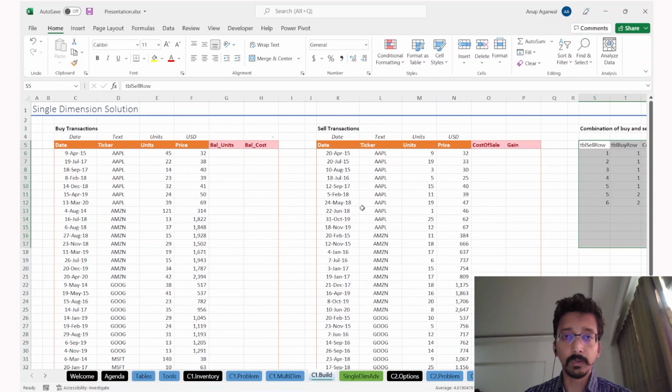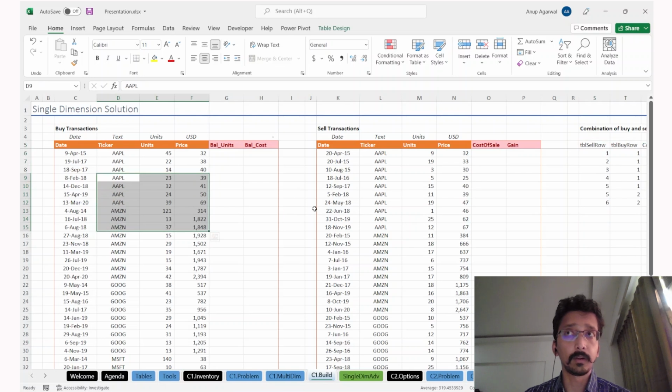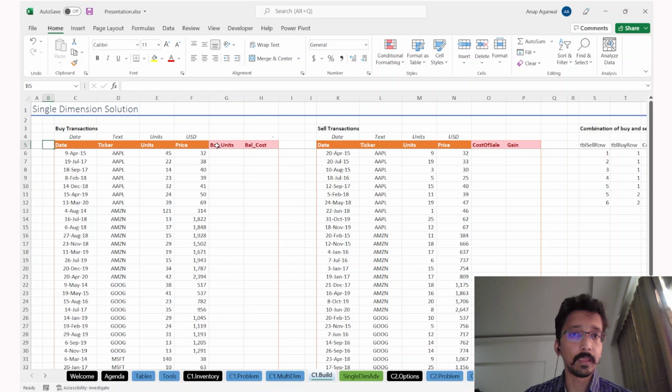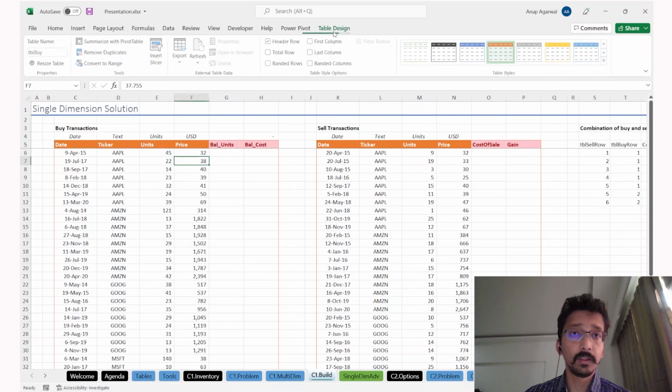To make this work, we will need a few helper columns on these. I will add them here as a serial number.